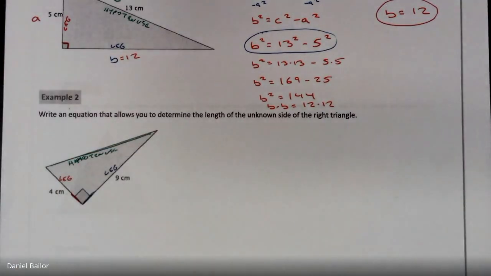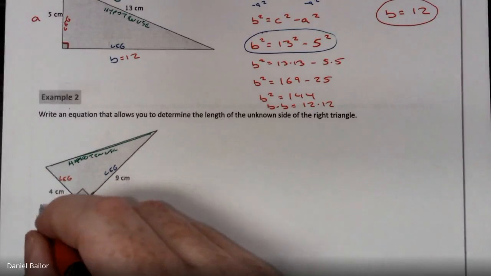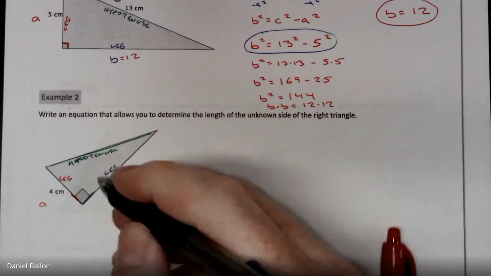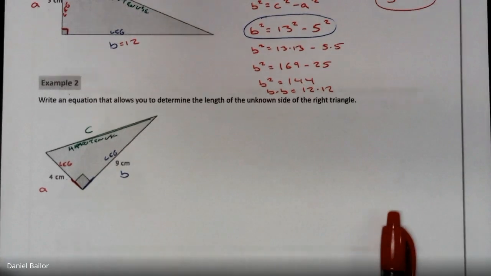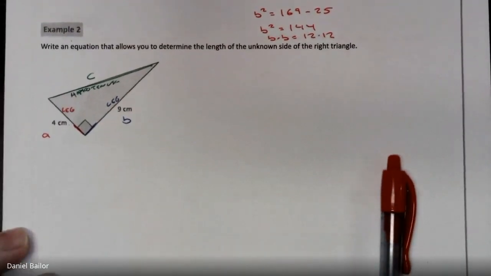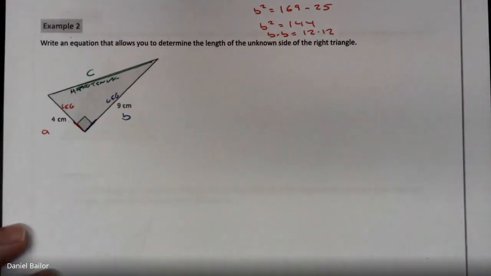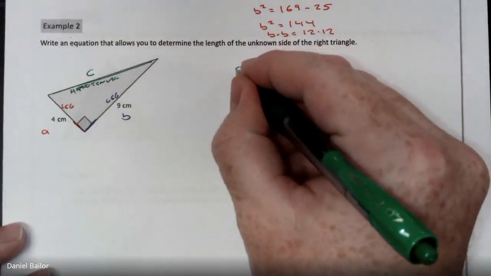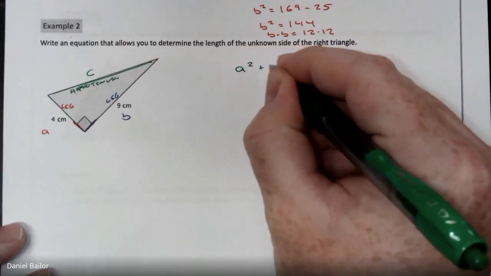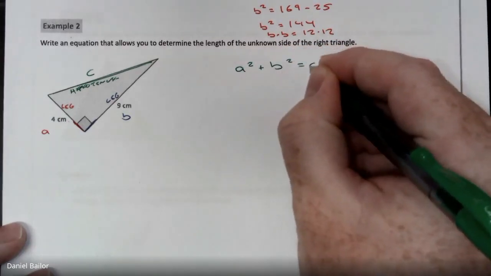We can even label them with our letters if you want. Remember, the legs are A and B, and the hypotenuse is always C. Then we can use the Pythagorean theorem to find an equation for how to solve this. So we know the Pythagorean theorem, like in our notes, is a squared plus b squared equals c squared.